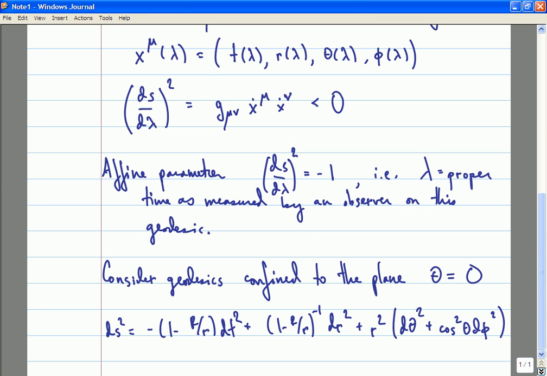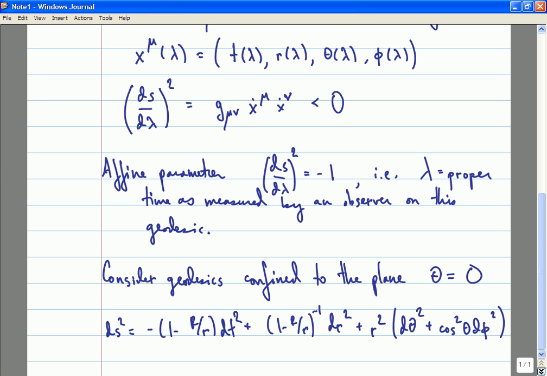And in fact, if you were to go through and study the geodesic equations very carefully, you would see that just as in the case of Newtonian gravity, you could always restrict your attention just to those geodesics which lie in the theta equals 0 plane.